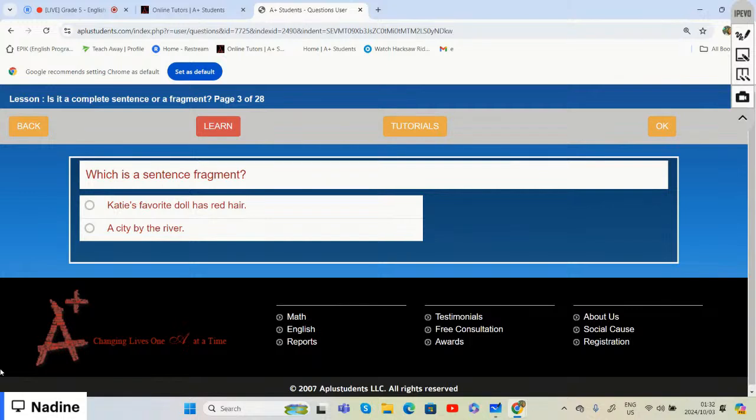We need to select the sentence fragment.